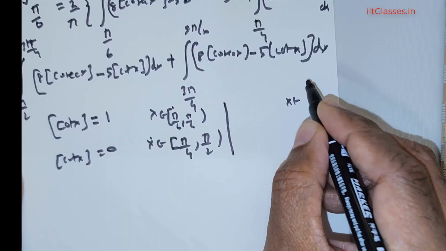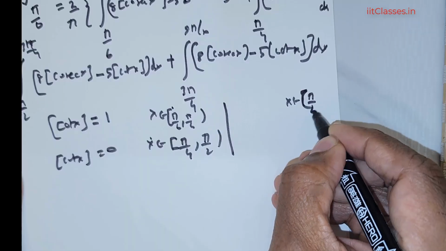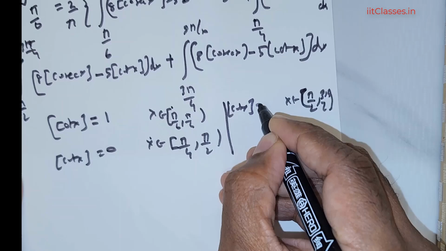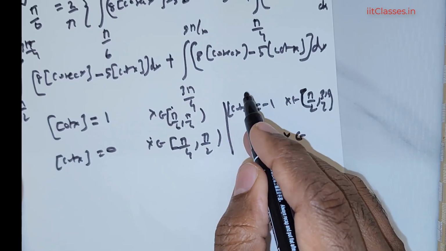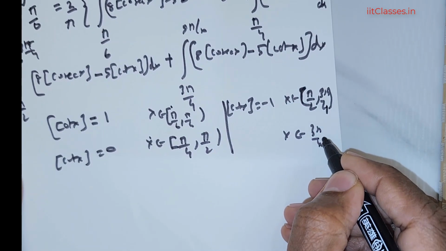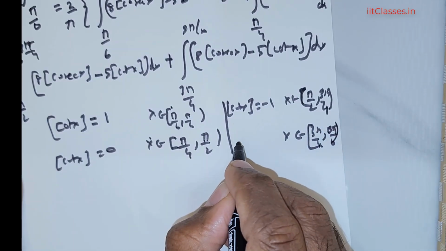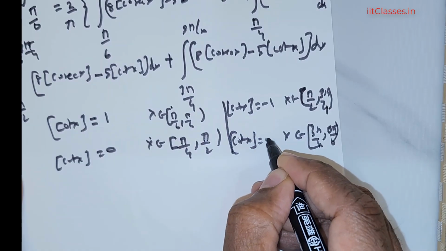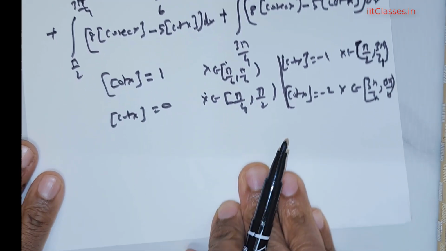Now for x between pi over 2 to 3 pi over 4, the greatest integer function of cot x will produce us -1. And for x between 3 pi over 4 to 5 pi over 6, this is going to give us a value of -2. So we will have to substitute these values.